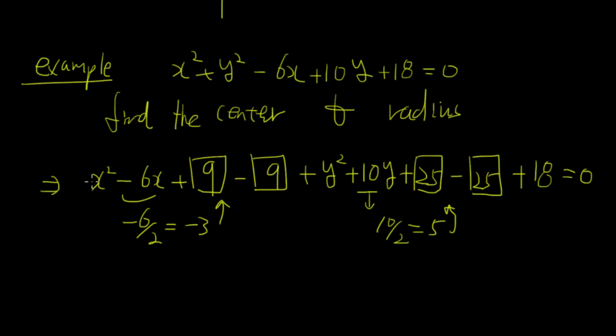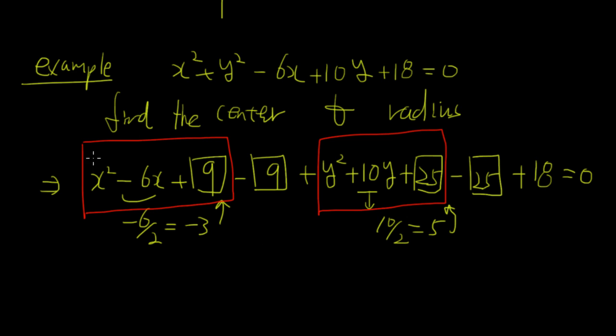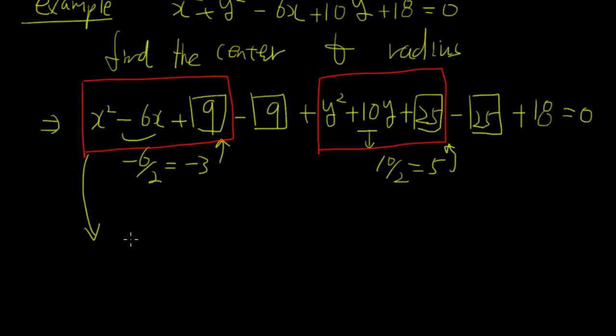So we are going to group this first 3 together and this y 3 together. Alright, if you factor this, this will become x negative 3 and another x negative 3. So let's do it squared.